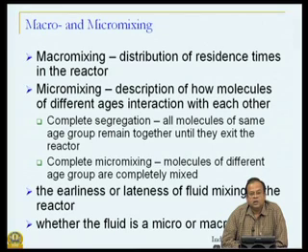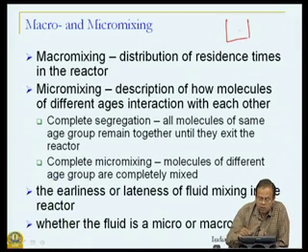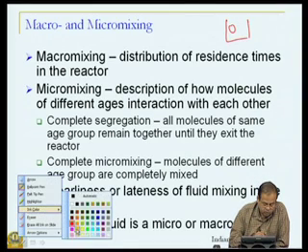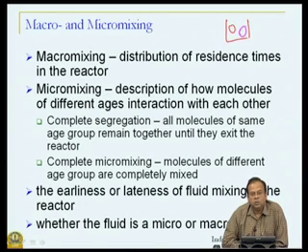First, we say that there is complete segregation. That means, I have a reactor which has fluid elements of different ages. So, some are shorter age, some are longer age and so on.